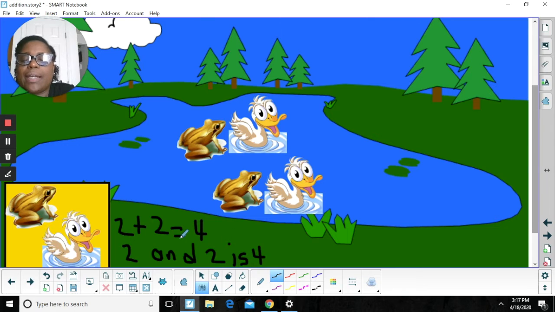They both mean the same thing, but you are normally going to see it like this, okay? 2 plus 2 equals 4. Remember, when you see the plus sign, that means you're going to put groups of objects together, okay? Here's your equal sign. It comes after your plus sign. This is called the sum. Your answer to your addition sentence is called the sum, okay?